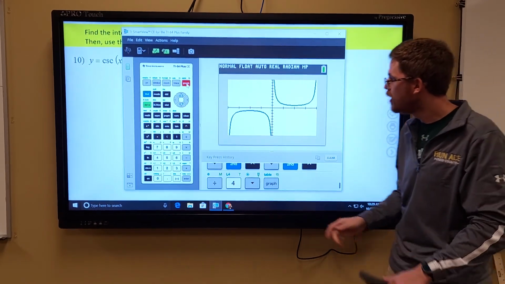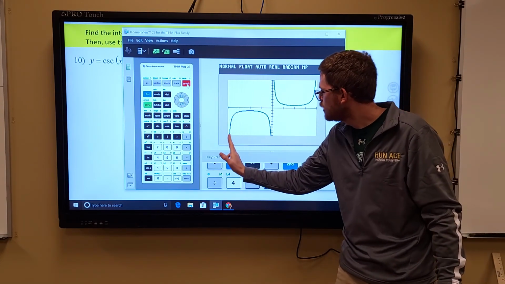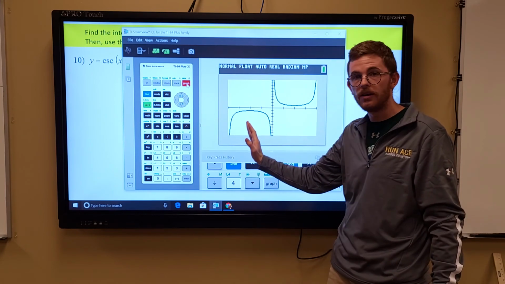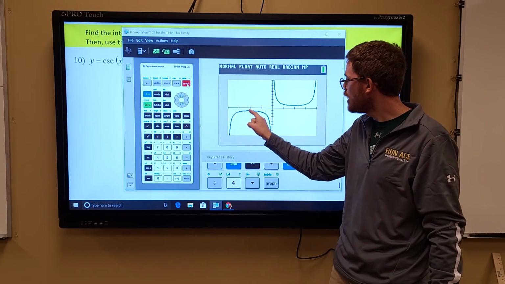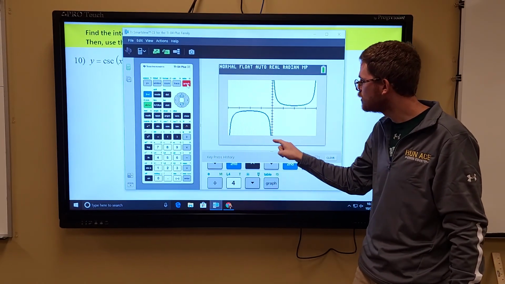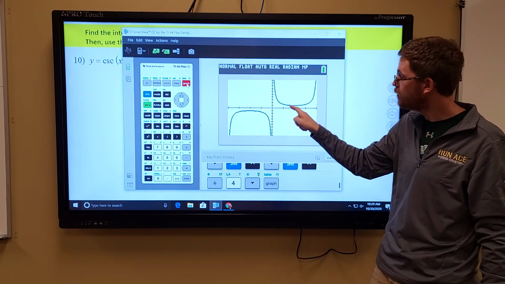All right, so backing up what we saw over here, we have that it's increasing from negative pi to negative pi over 2. At negative pi over 2, we did have a relative maximum, and then it decreases to 0. It continues decreasing on the other side of 0.